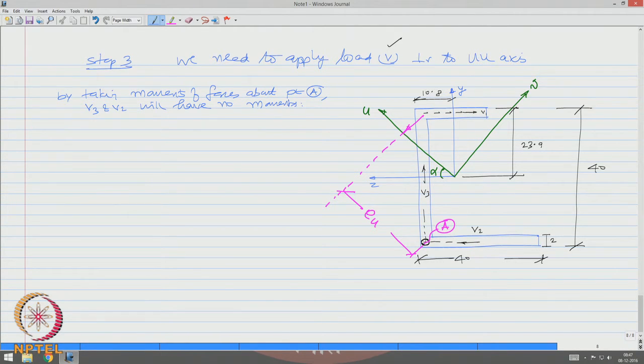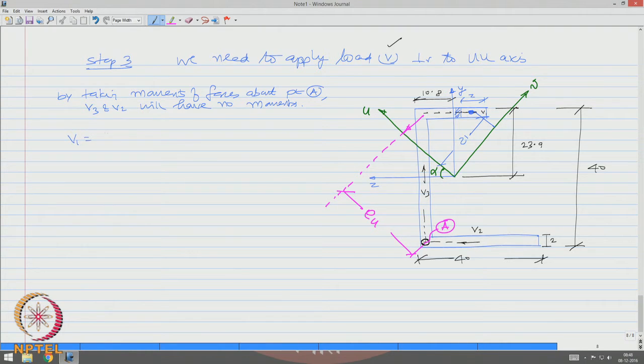Okay. So, let us say only V into e_u will be there. Let us cut a section at the distance Z and the CG of the section is, let us say, V bar.